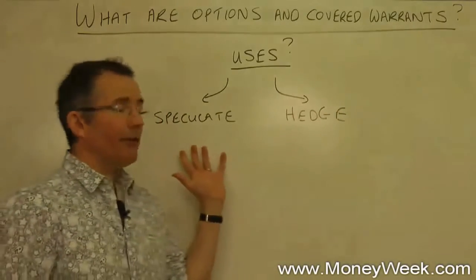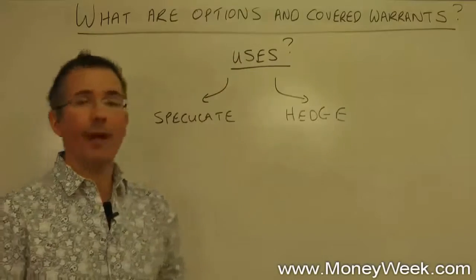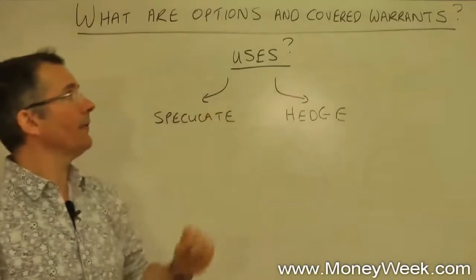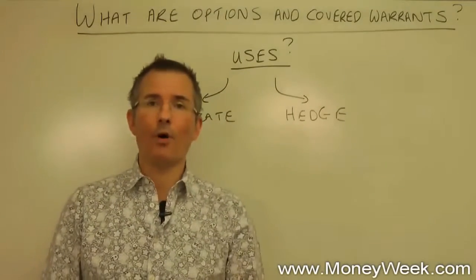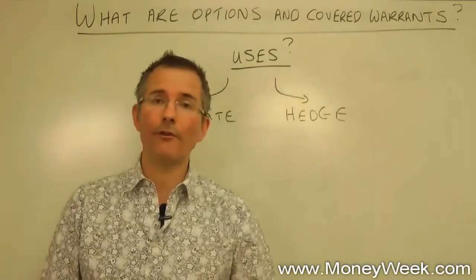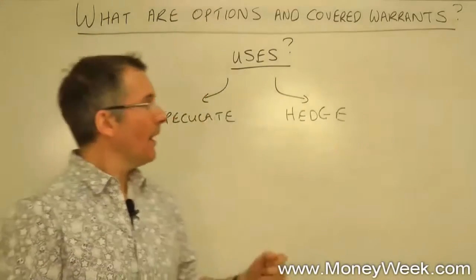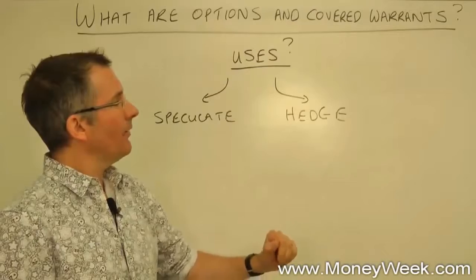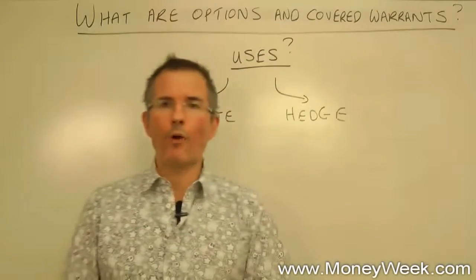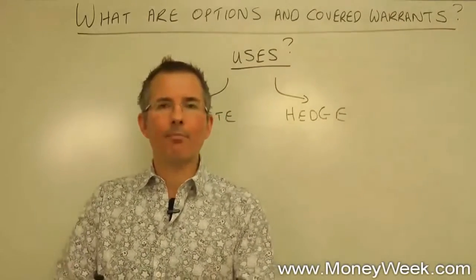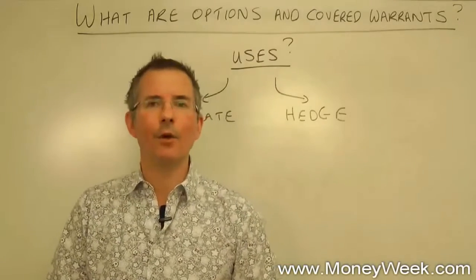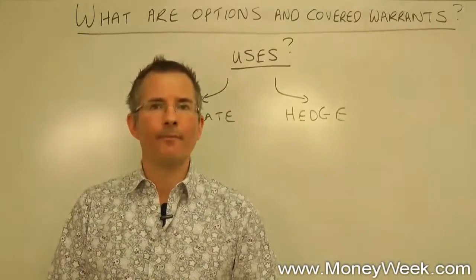Okay, speculating is what it sounds like. There is a way of using these, and we haven't seen one yet, but there is a way of using these simply to try and gamble on rising or falling stock prices, let's say, and make some money that way. And hedging is more like, well, I'm worried about my share portfolio falling in value. What can I do about it?